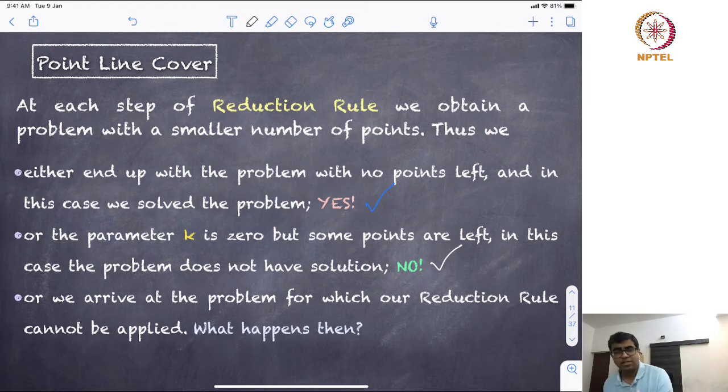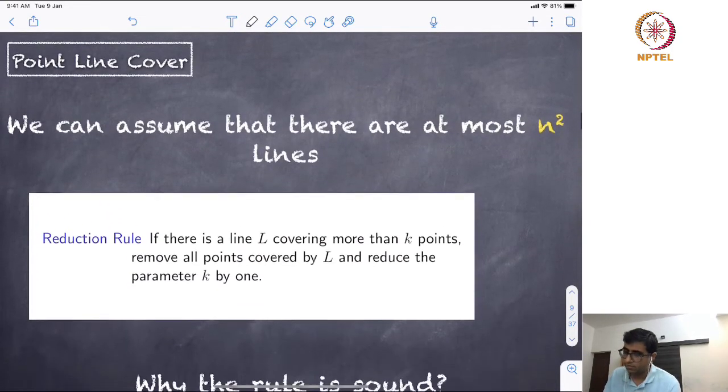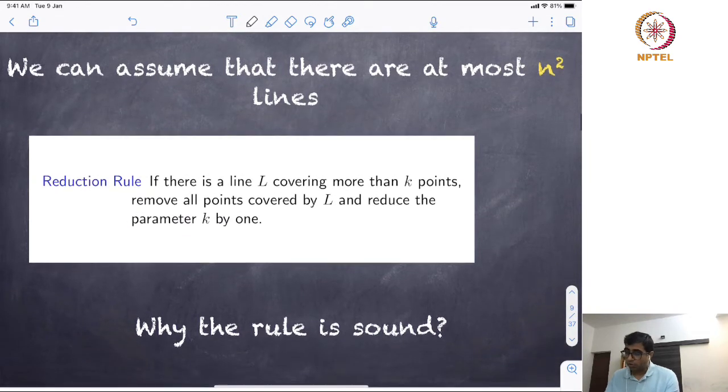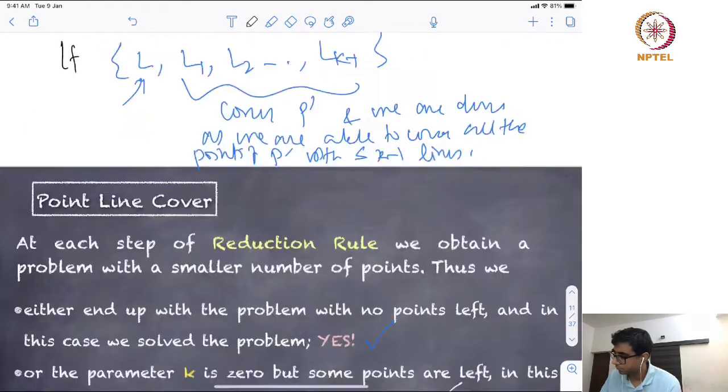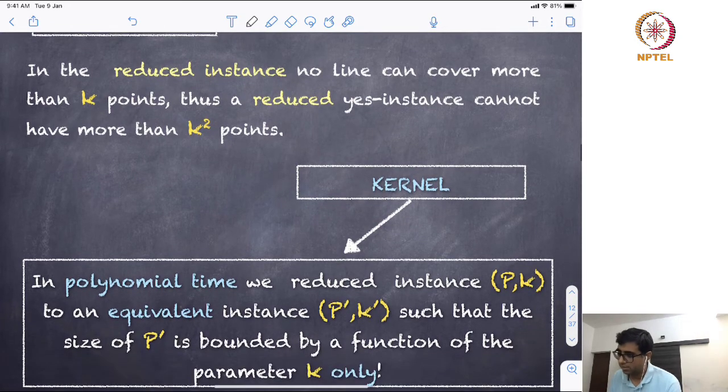Or we arrive at a problem for which our reduction rule cannot be applied. What happens? It's possible that this reduction rule doesn't apply, and if it does not apply, then let's see what happens. If in the reduced instance no line can cover more than k points, then a reduced yes instance cannot have more than k squared points, right?